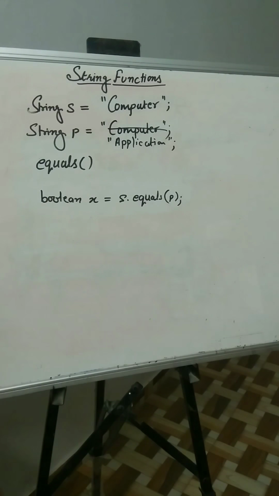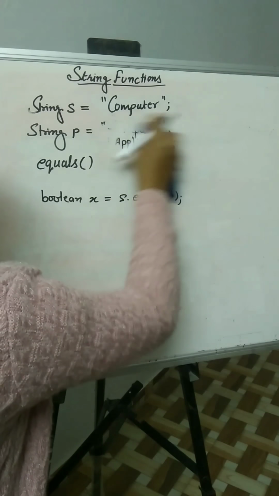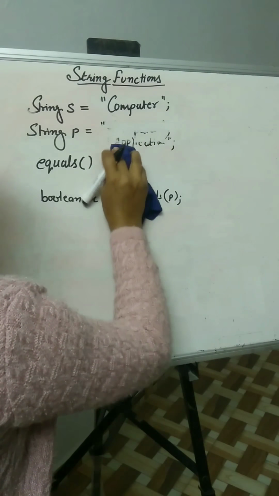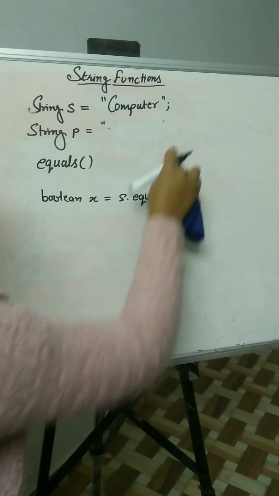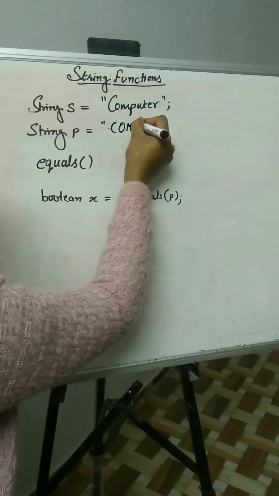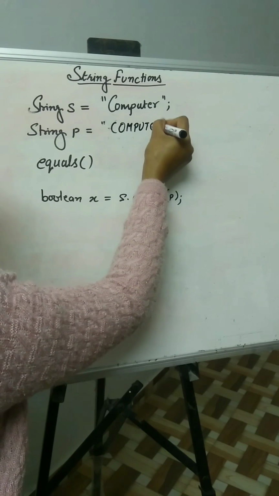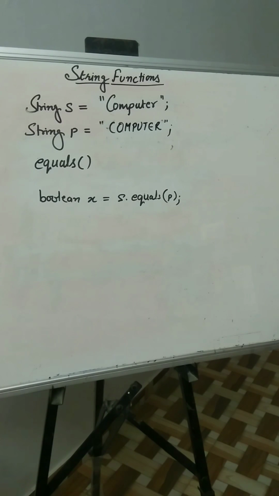Or suppose we store computer but in capital letters, the same string but in capital letters. Then what happens? Here the result is true or false? The result is false. Why false?